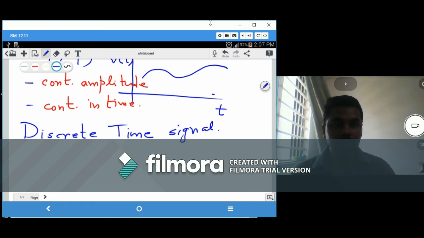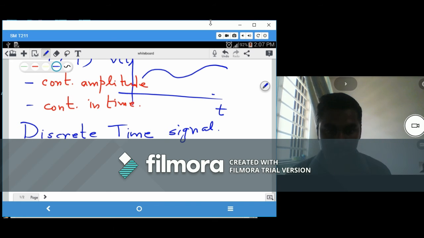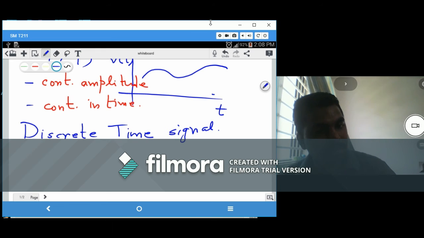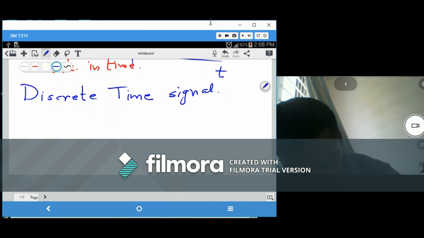By discrete time signal we mean that we have discretized the time axis of the continuous signal. So let us just see the discretization process that it undergoes to make this idea very clear.